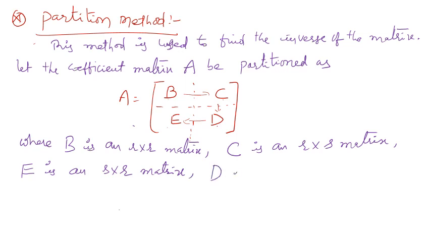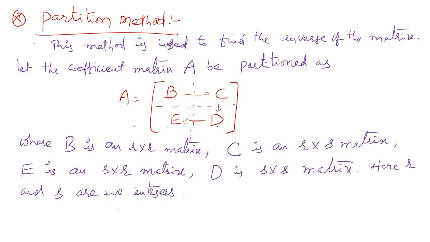And capital D is an s by s matrix. What r and s are, we can determine in the problem directly. Here r and s are positive integers. Okay, next step.